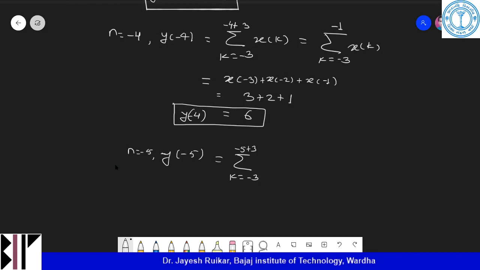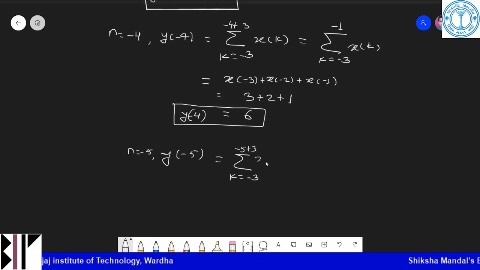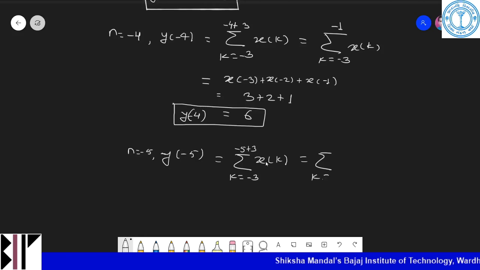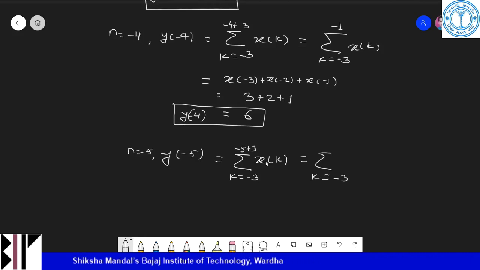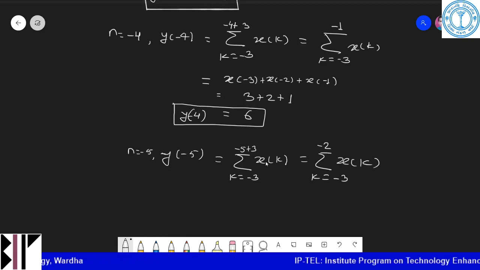Then x of k, summation k goes from minus 3 to minus 3. So minus 3 to minus 5 plus 3, which is minus 2, of x of k.